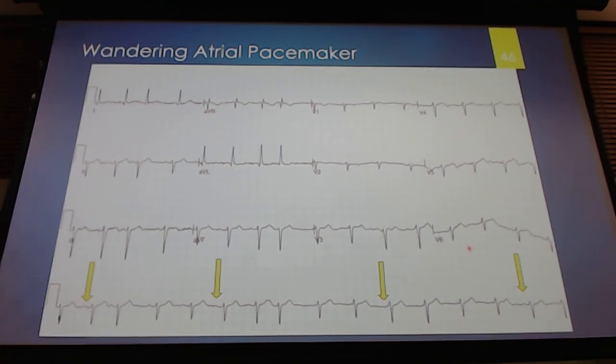And this is wandering atrial pacemaker. What is our rate here? Let me see. 96. Our rate here is 96, so less than 100. If we look here, we can see that it's irregular, it's narrow, okay? But we look at our P waves.